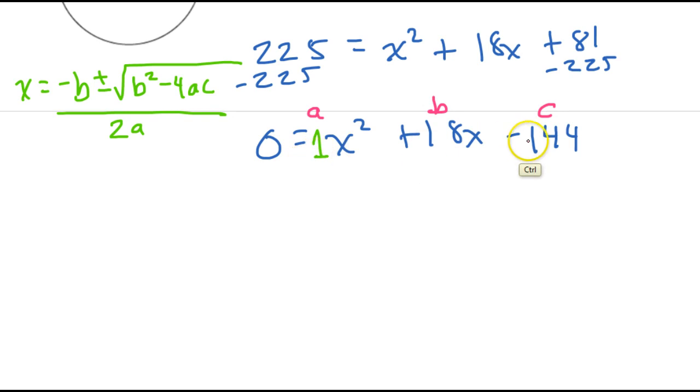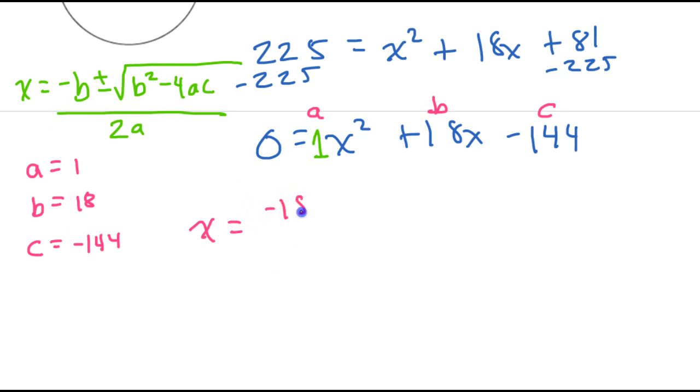So I'm just going to substitute those numbers in. Maybe I'll write this off to the side real quick. So a is 1, b is 18, and c is negative 144. So I'm going to substitute those into this formula. So that tells me that x is going to equal the opposite of b.